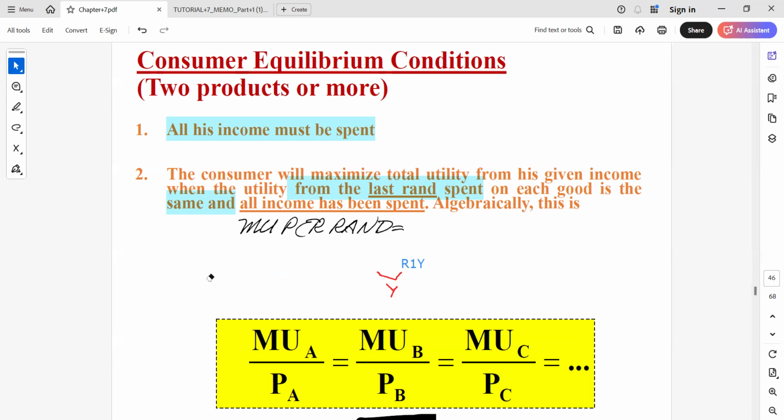Now I would have to write it again. So I'm saying here your marginal utility for good X must be equal to your marginal utility for good Y.